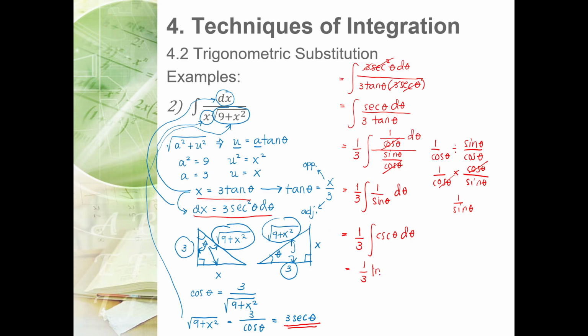So ln of cosecant theta minus, let's see if it's minus or plus. So cotangent theta plus c.